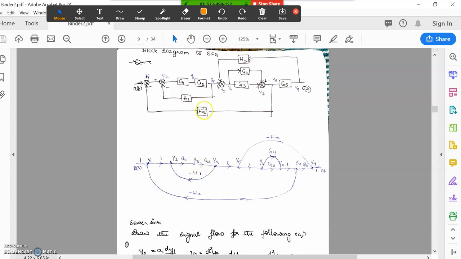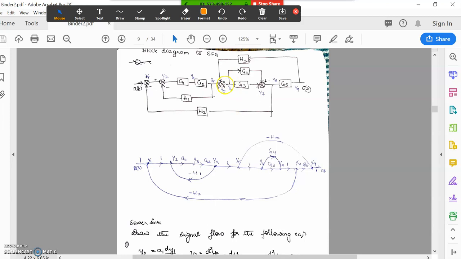From y3 to y4, signal is going from 3 to 4 and it is getting multiplied by a gain of g2. In 4 to 5, there is no gain shown. Gain will be 1. But signal is flowing from 4 towards 5, the summing point, and because there is no value shown here, we'll have to show it as 1.